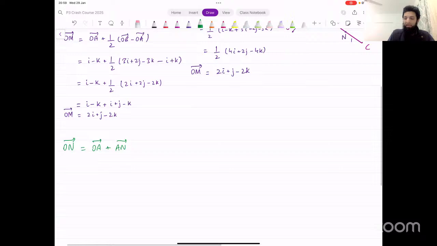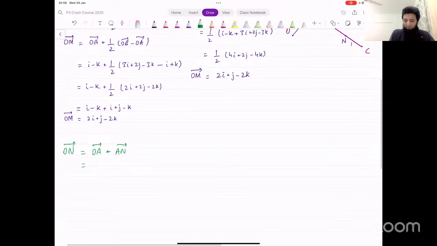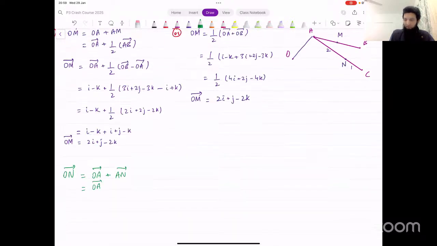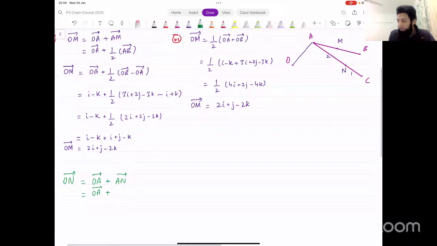Now, what is AN? If this total length is 3 units, how much is AN out of that? It's 2 units. So it's 2 out of 3 of AC. So you can say AN can be written as 2 over 3 times AC. Now this does require some thinking, right?